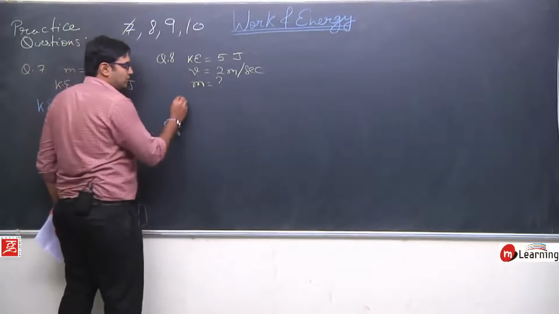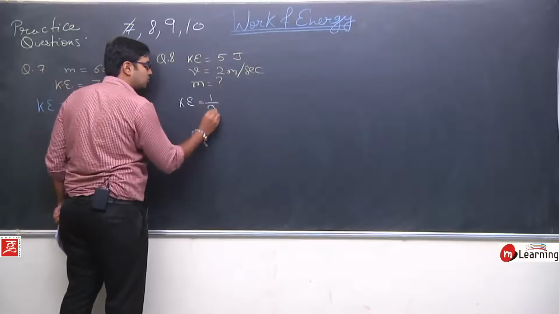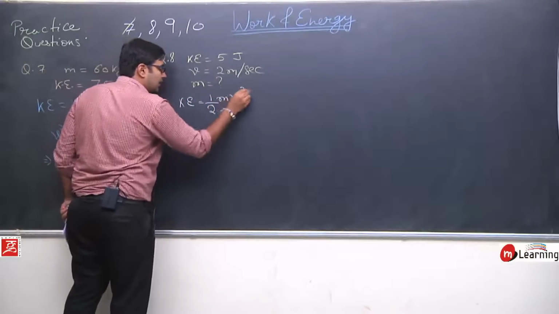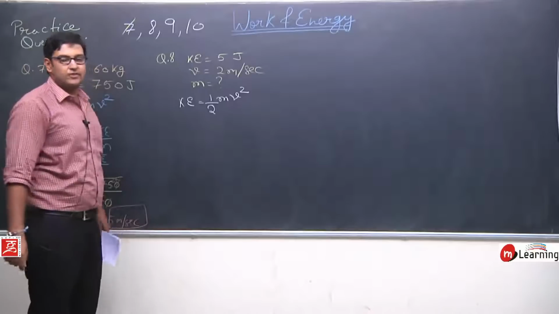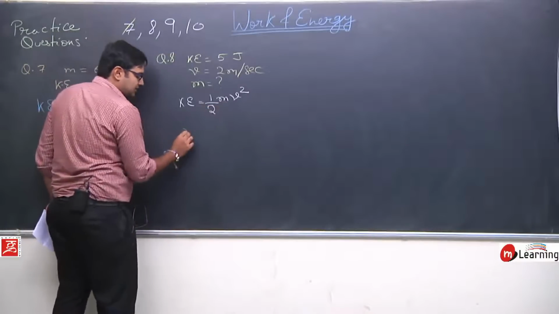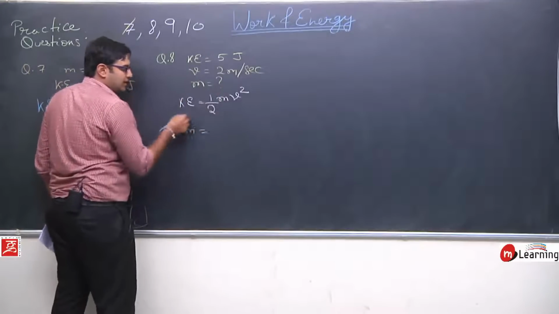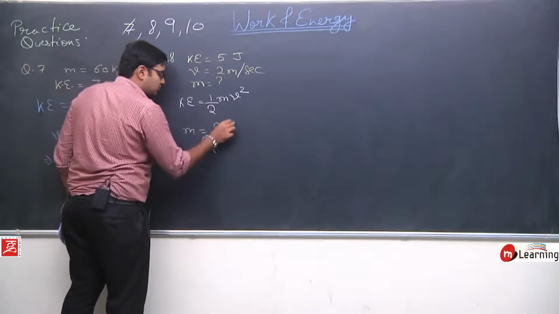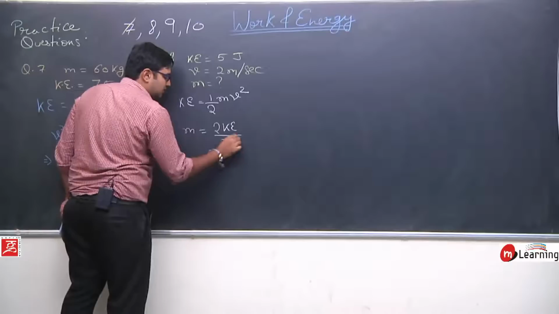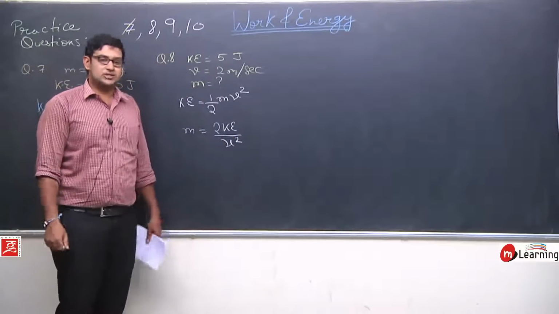So again we will use the same concept, that kinetic energy is equal to half into mass and square of velocity, that is half mv square. Now from here you can see, to calculate the mass, I will shift this 2 to the LHS and this v square again to the LHS. So 2 times kinetic energy upon v square will be the formula for calculation of mass.